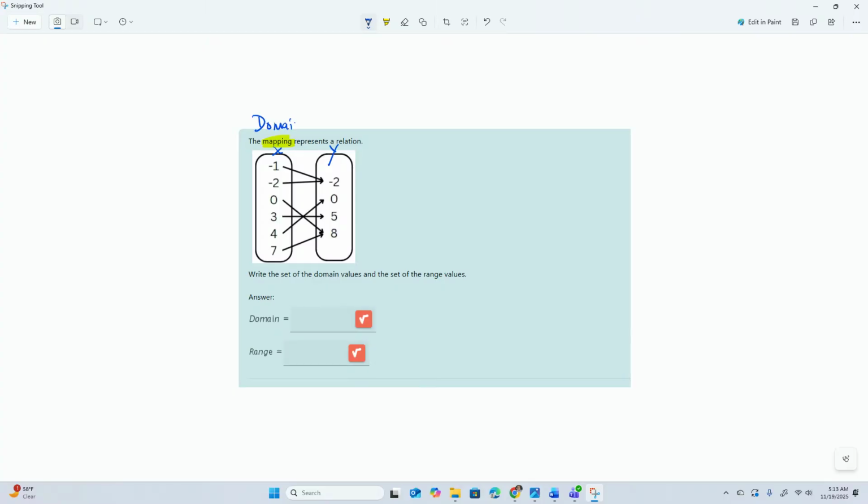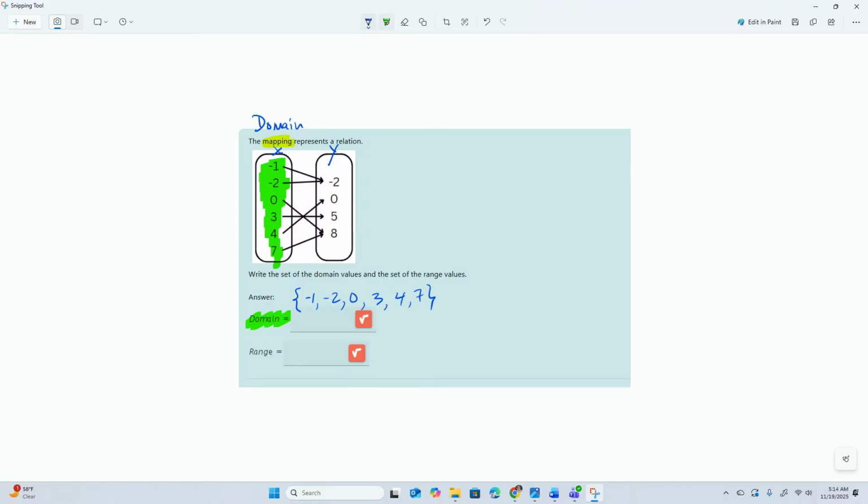So all of these numbers you have inside the oval of the X's are going to be the domain. When you write your answer in here, you have to write it in between the braces. So you're going to write -1, -2, separate the numbers with commas. 0, 3, 4, and 7.